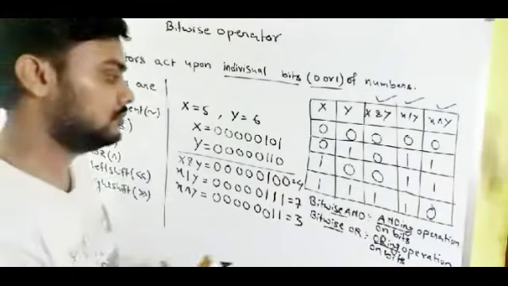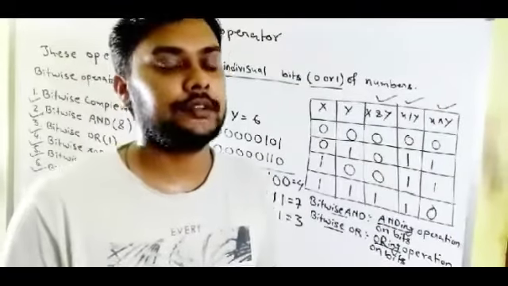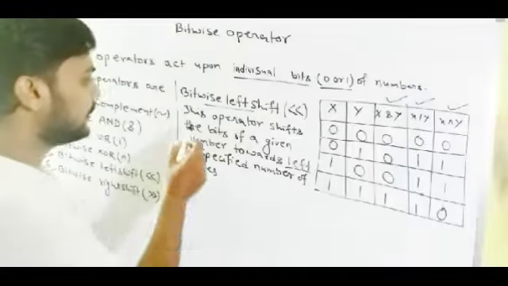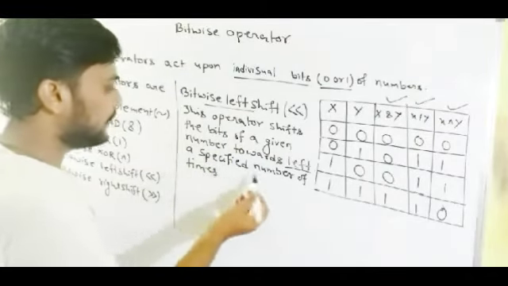That is the operation. Now we understand the left and right shift operators of bitwise. This operator shifts the bits of a given number towards the left a specified number of times.